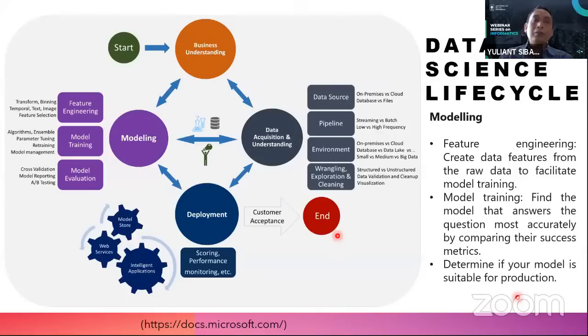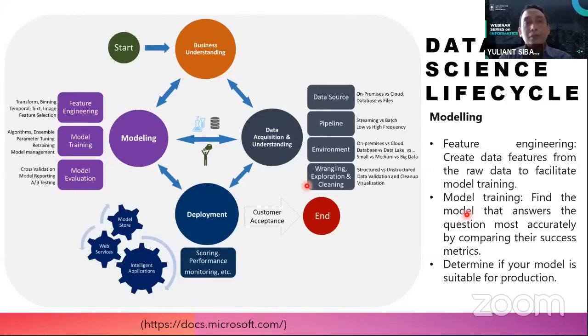In data science, we cannot only choose one model as the solution. Usually, we have to compare many models, many classifiers, to obtain the best model or the best classifier.